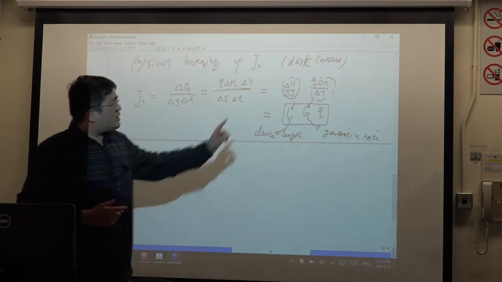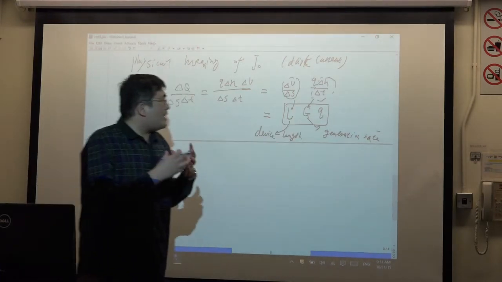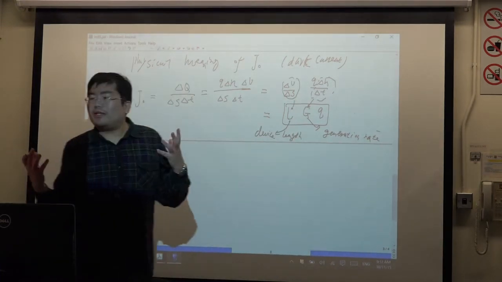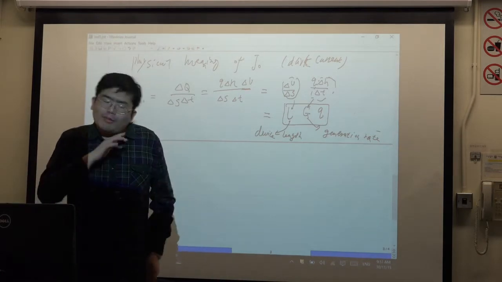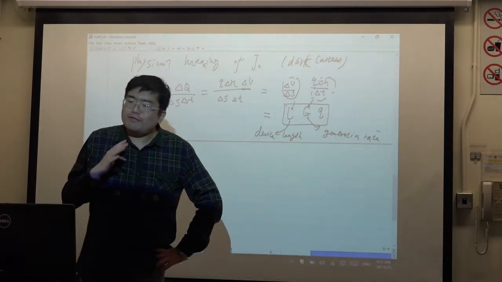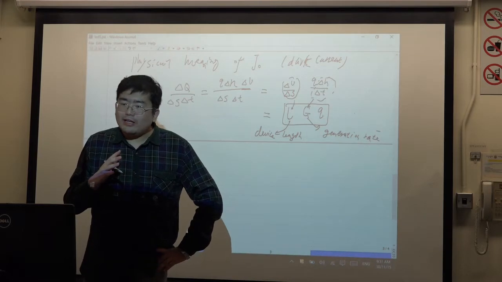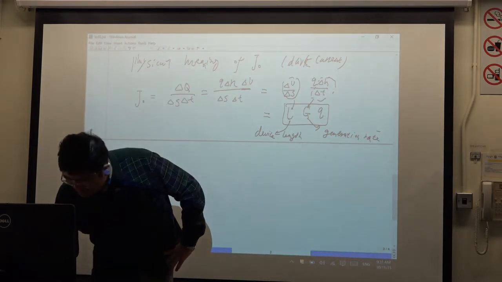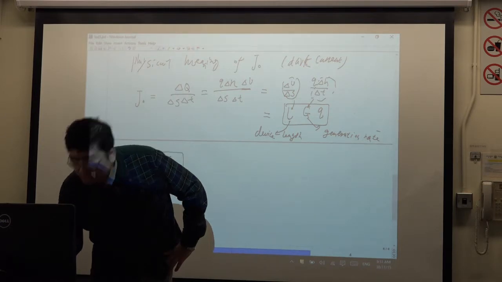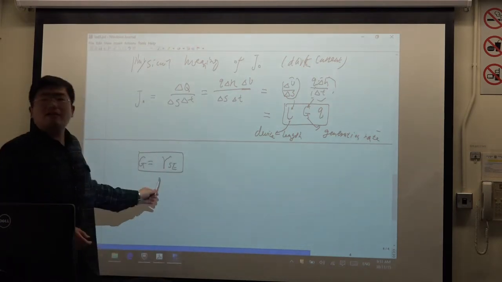So G is how many electron-hole pairs can be generated in the dark current. How many electron-hole pairs are generated in the dark environment, in a vacuum? So what happened? G should be the spontaneous emission rate, gamma. It's very important. For PhD students, you should understand this level.